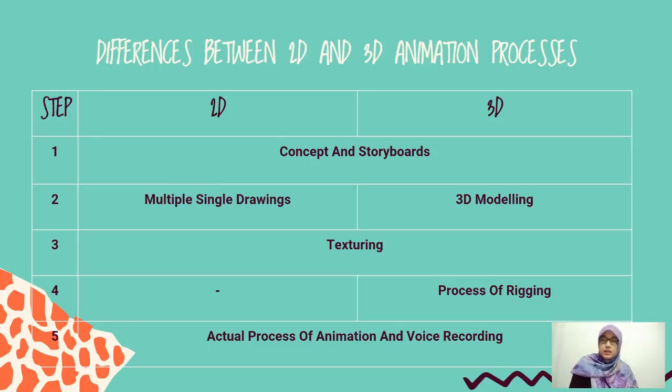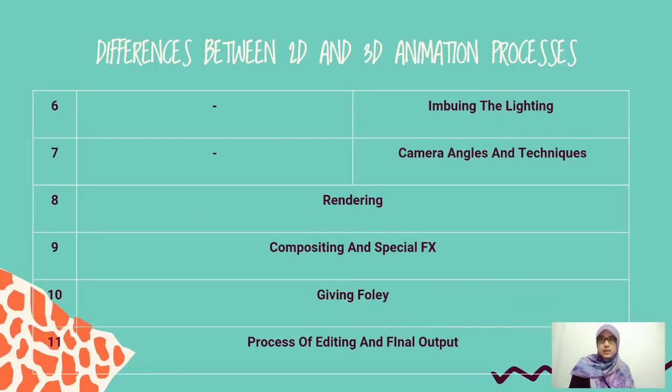We can notice here that there is a slight difference in step 2 for both 2D and 3D, there is no involvement of step 4 in 2D, and step 6 and step 7 also do not involve the 2D animation processes. So that's basically the difference between the 2D and 3D animation processes that I'll be elaborating on after this.